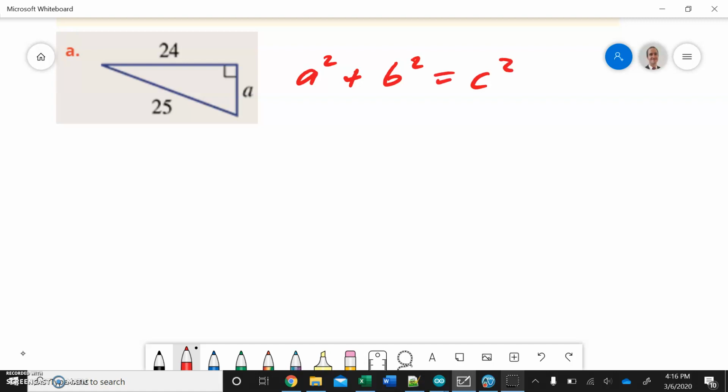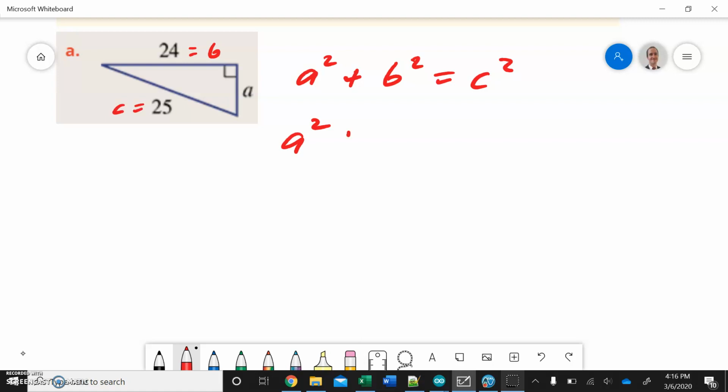Now if we substitute the known values in, we're going to leave A by itself for now. So we're going to write A squared, and we're going to label this side B. Let's say that 24 equals B, and we'll say that C, the hypotenuse, equals 25.